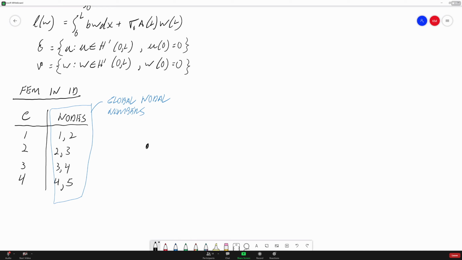So 1, 2, 3, 4 are elements, and 1, 2, 3, 4, 5 are nodes.